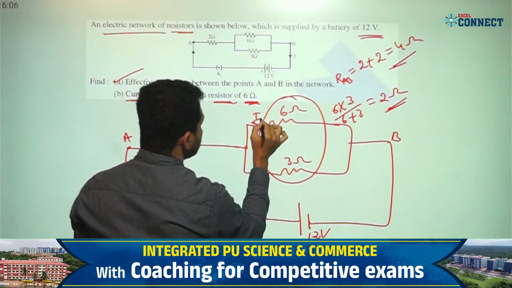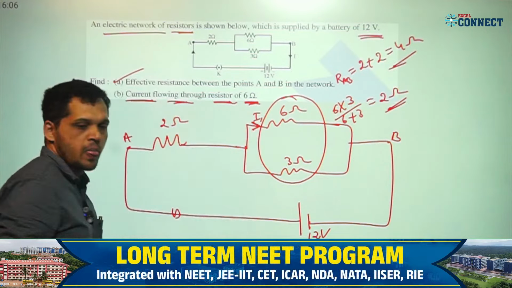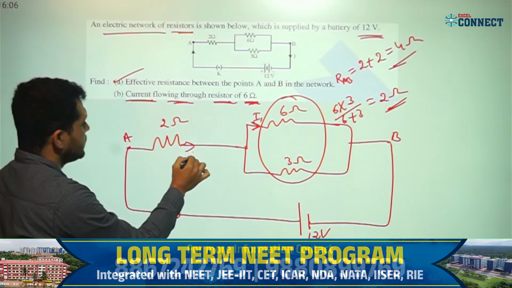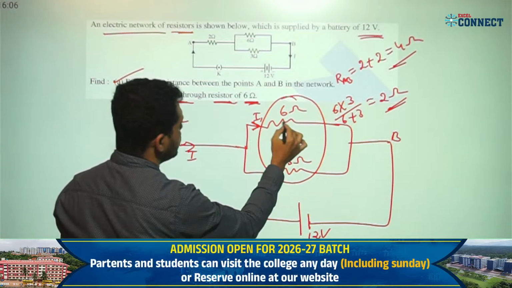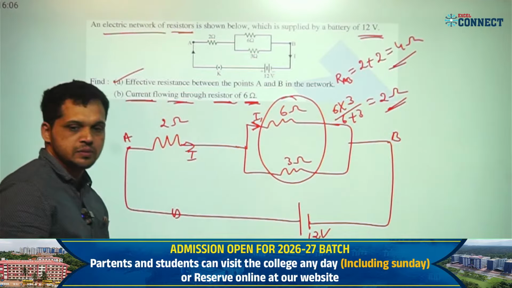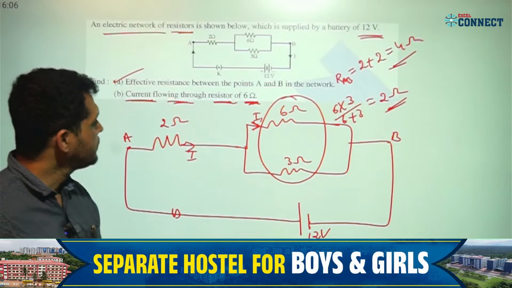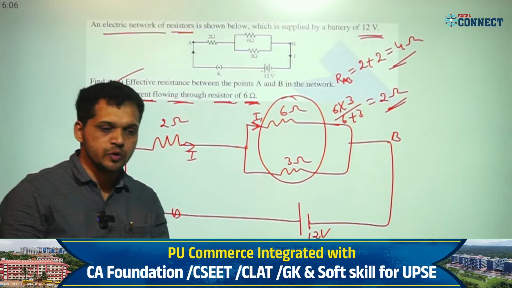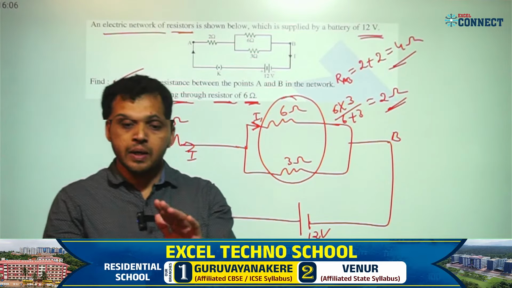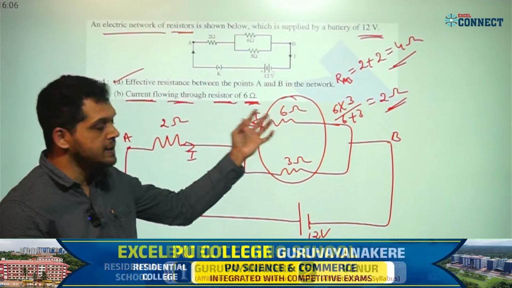I write I1. This is the main current I. What is the current through this 6 ohm resistor, I1? This current I have to find. How to get this? We have a different method. If you come to PUC level, we use the branch current principle.